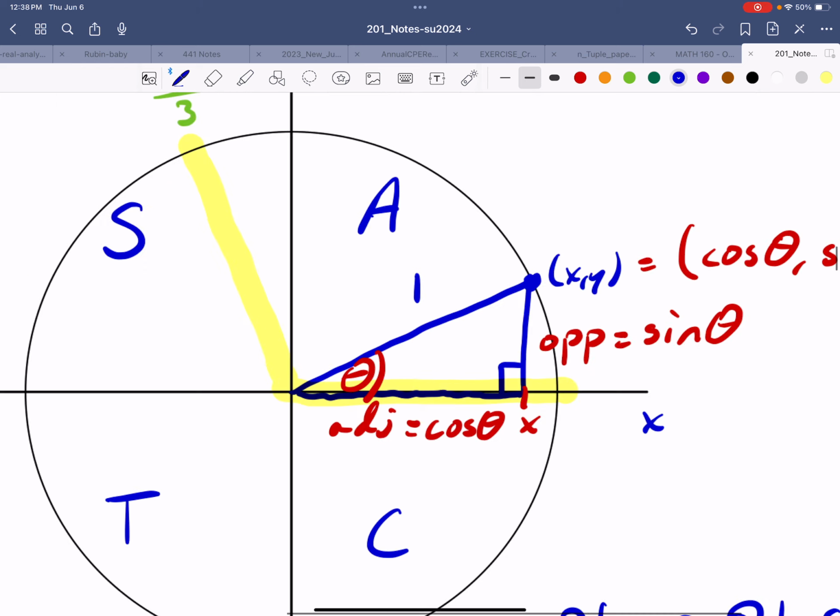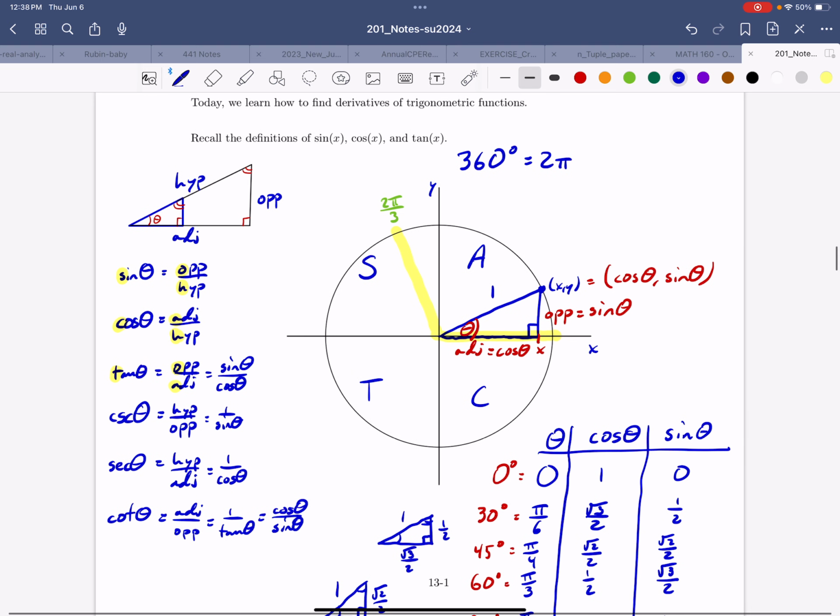Back here with the unit circle, using the Pythagorean theorem, since the adjacent side is cosine and the opposite side is sine and the hypotenuse is 1, you have this fundamentally important identity, right? A squared plus b squared equals c squared.